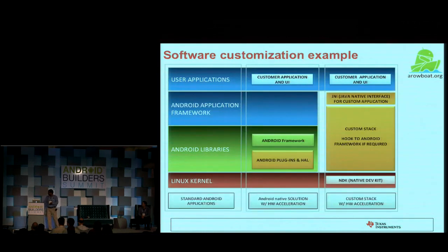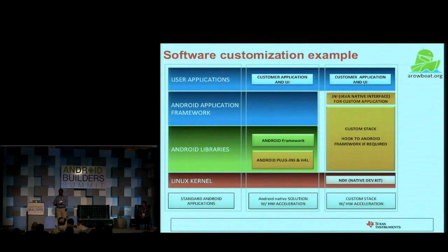For customizing software, I have an example where you can come up with your differentiator as an NDK and have it running in parallel to the Android software stack, and then you can maintain it separately. As the kernel version or the Android version moves, you can keep bringing this feature set into the existing stack and keep maintaining it.